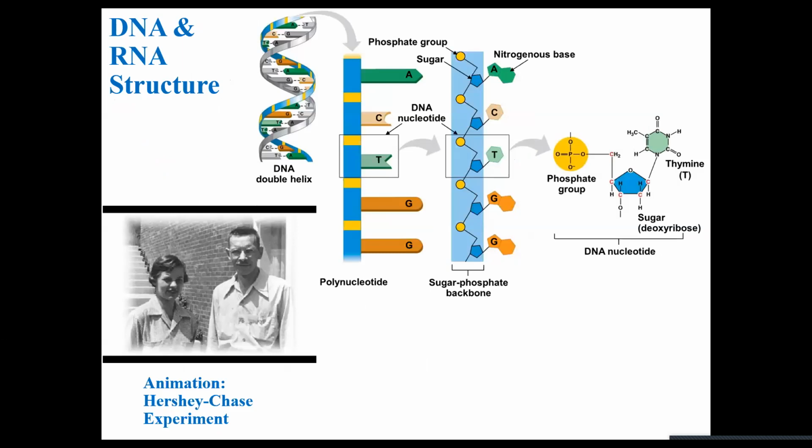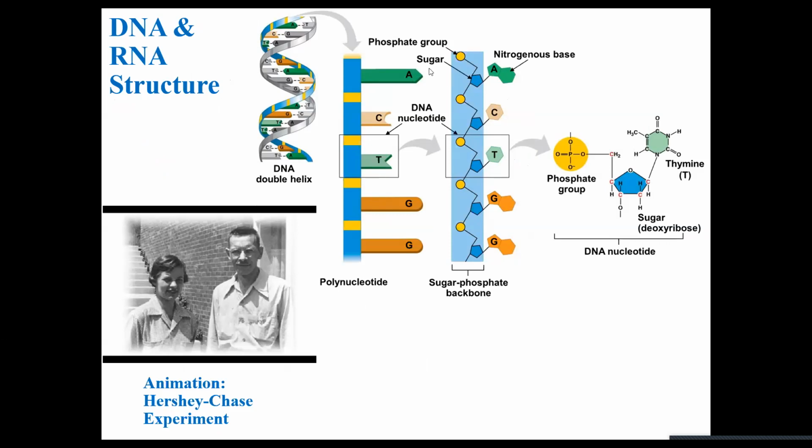Now, getting a little more in depth here, if we just talk about the nitrogenous bases, you'll see here that there are different shapes. A is different than C and T, but very similar to G. So these are known as purines and pyrimidines. They just differ in shape and their bonding structure is different. But basically what it means is one fits into the other, kind of like a puzzle piece.